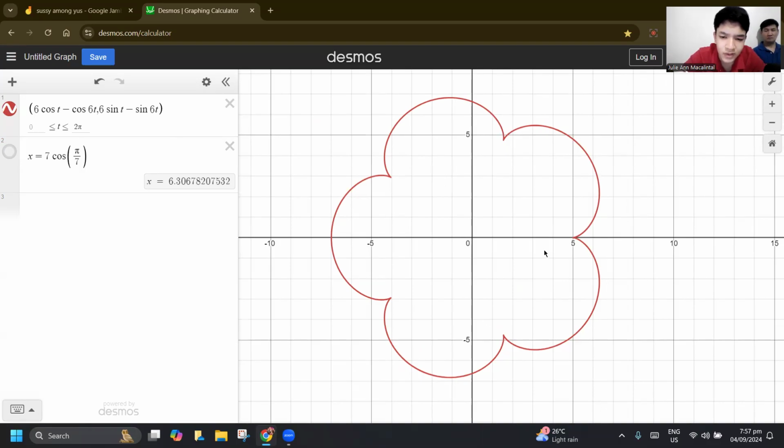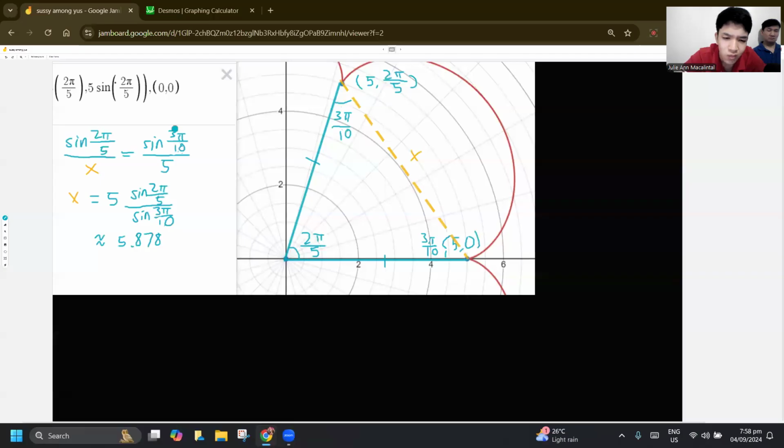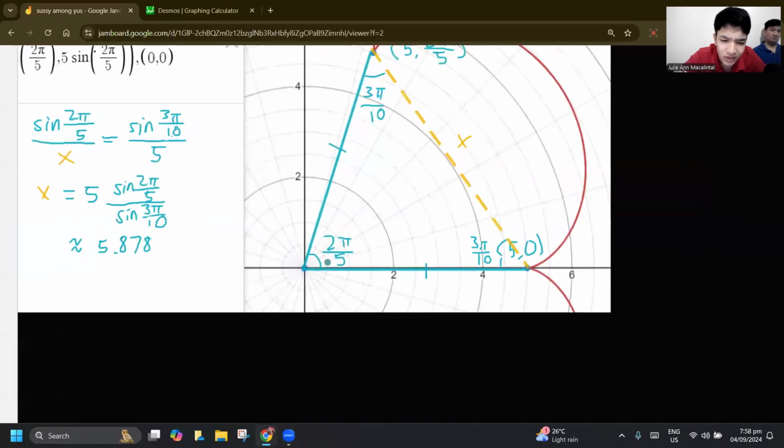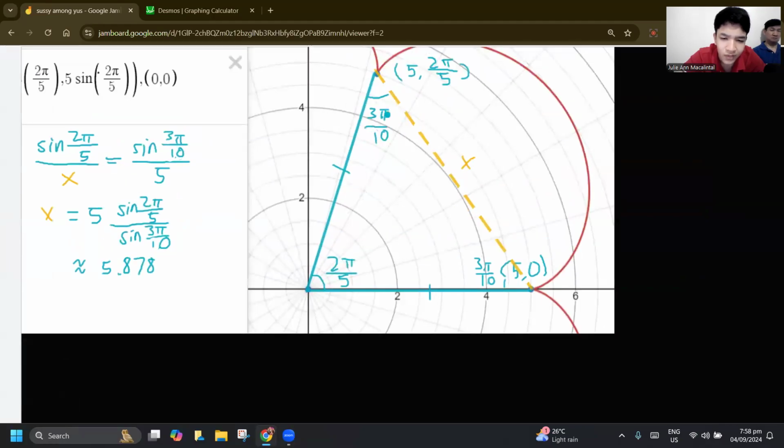The entire circumference is 2 pi, of course, so 5 cusps for 2 pi. So the angle to reach one cusp should be 2 pi over 5. So 0, and then 2 pi over 5, 4 pi over 5, etc., until we reach 2 pi at the very end. So anyway, it's clear that this angle is 2 pi over 5.